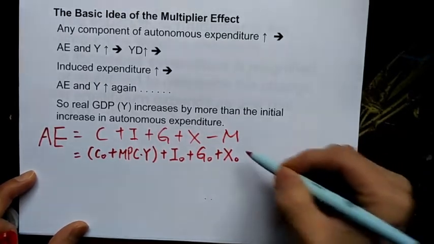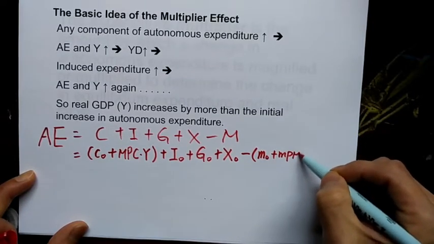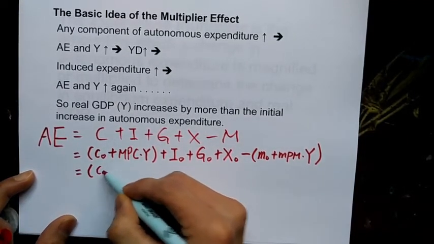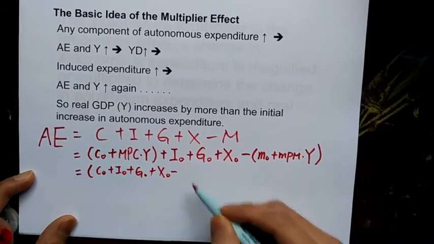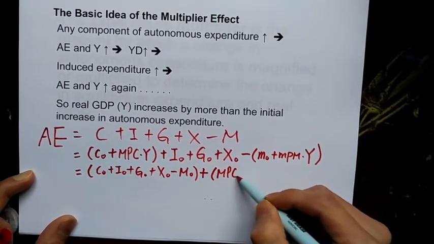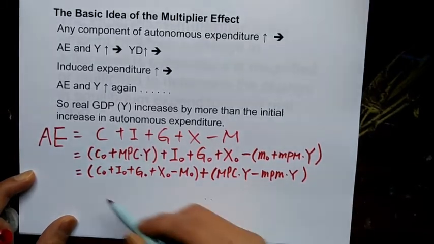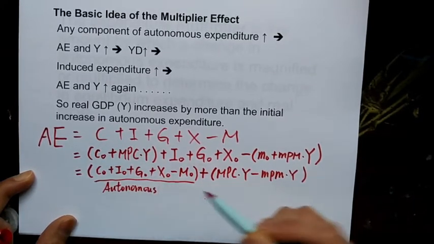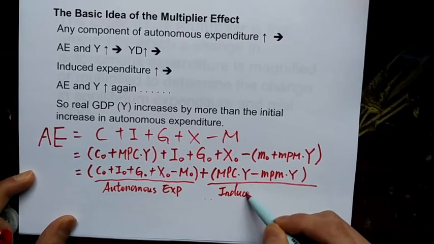X is assumed to be autonomous. M depends on income. So if you put all the autonomous part together, and put the induced part together, this is the autonomous expenditure. This is induced expenditure.